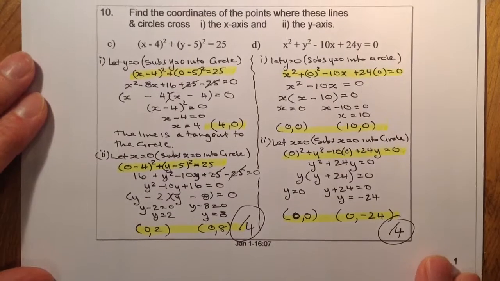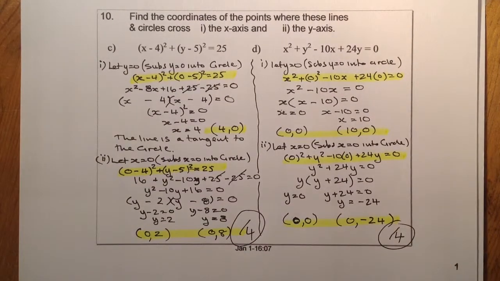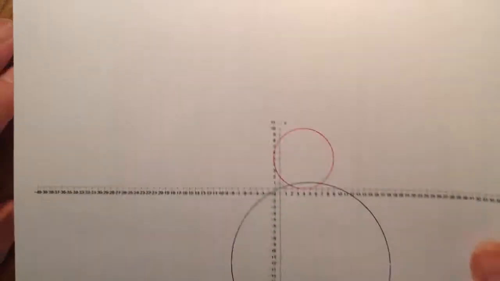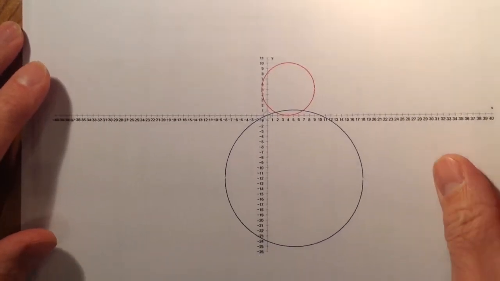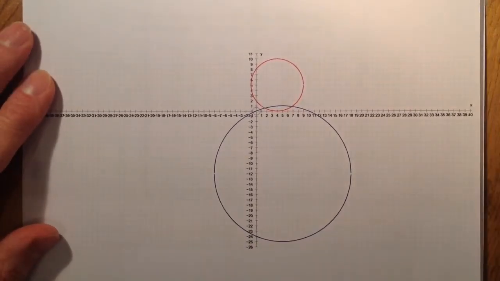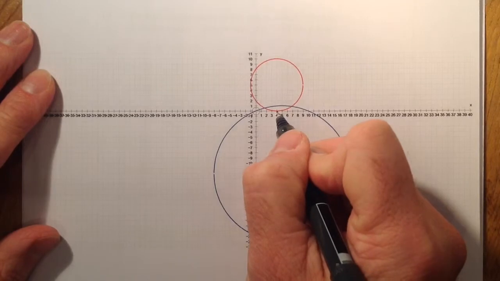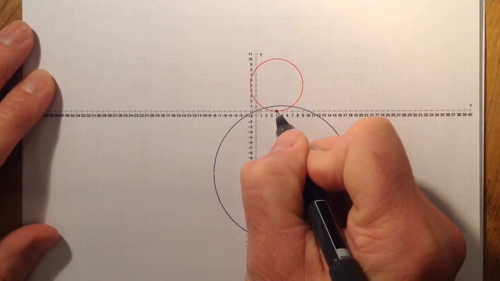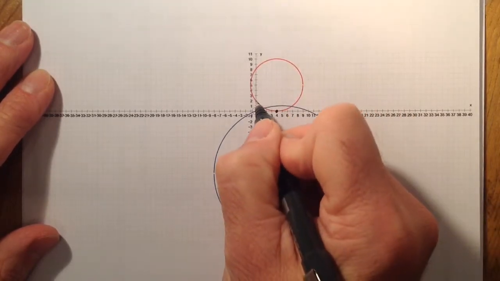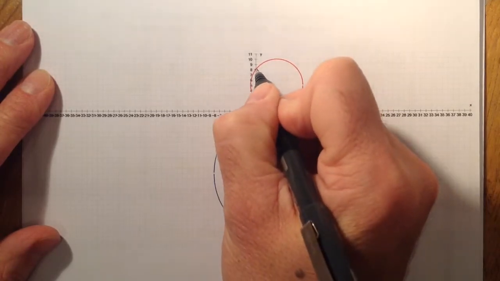So let me just show you what we've been doing for that circle piece of work. The red circle is the first one that we've been looking at. That circle crosses or touches the axes at the points 4, 0, which we had, 0, 2, and 0, 8.